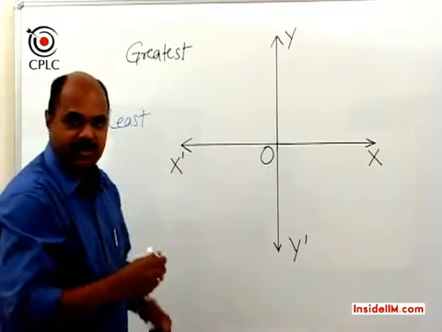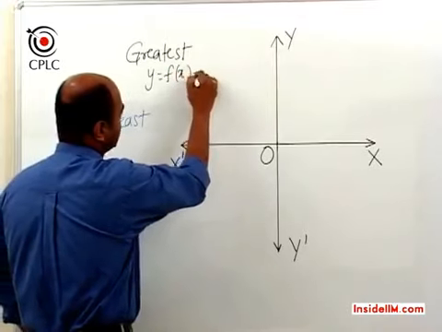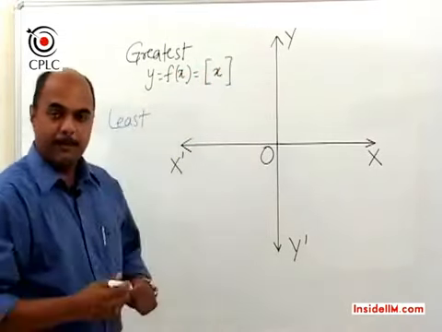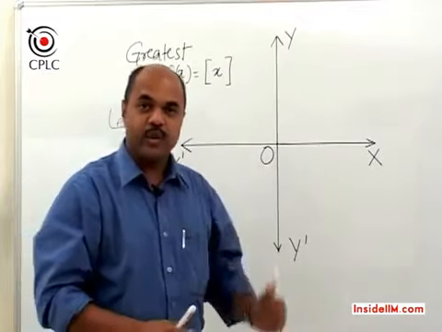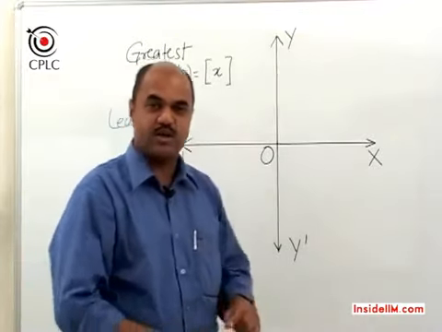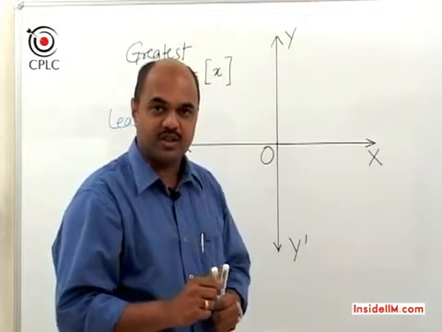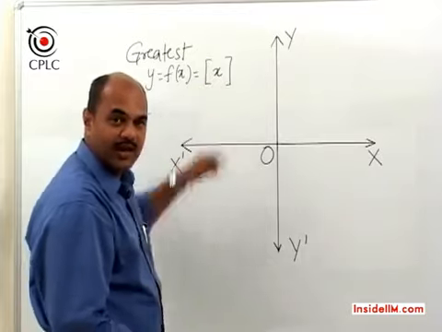The greatest integer value function, y as a function of x, is represented in terms of the rectangular bracket or box bracket within which there is x. The way its value is arrived at, it is the largest integer less than or equal to the given x value.